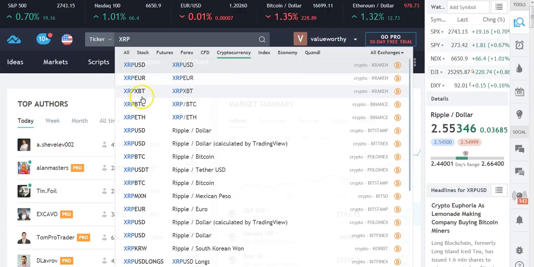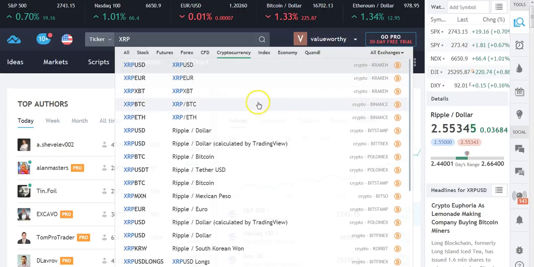And it'll tell you that the exchange rate price is on Kraken, right? Sometimes it's on Binance, sometimes Bitstamp, Bittrex. It all depends. So you can choose which one you want based on where the prices are coming from here.